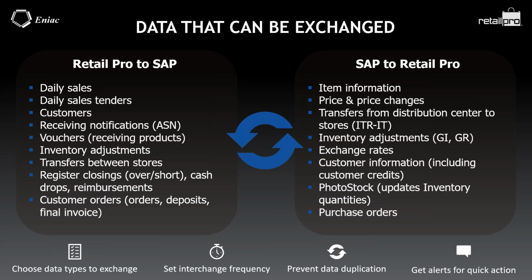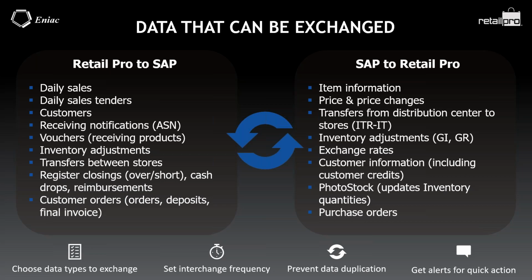Then we take the document that is used in SAP to send that physical products to Retail Pro, and we convert that document that normally is called an ITR or IT, that is information transfer request or information transfer. We send those documents to Retail Pro, and we convert those documents into something that Retail Pro understands, that is called an ASN, an Advanced Shipment Notice.